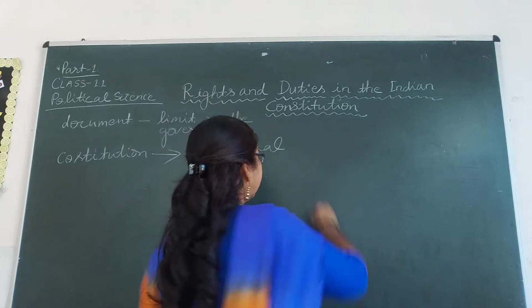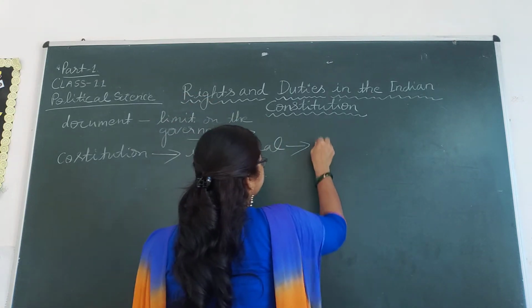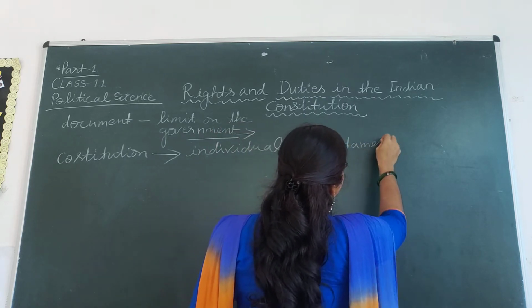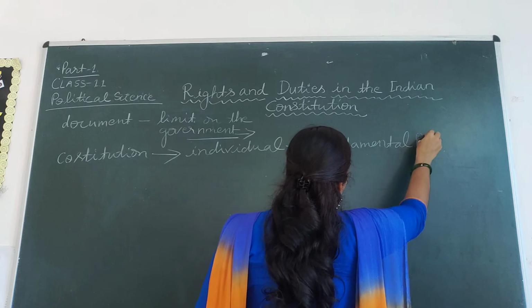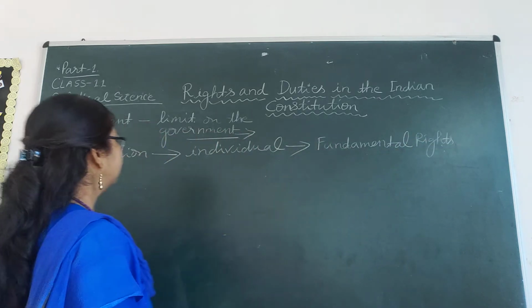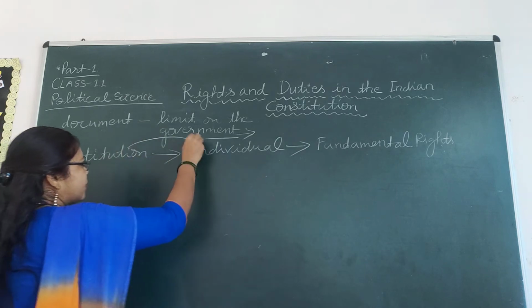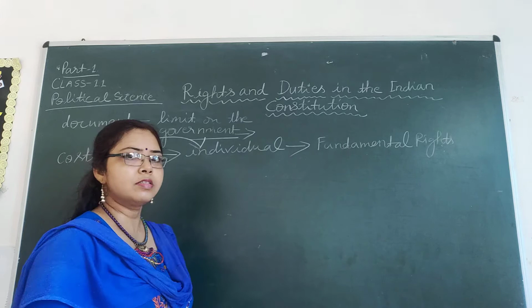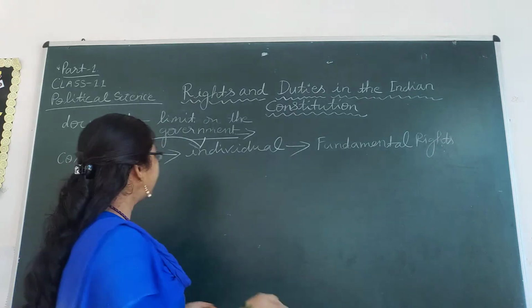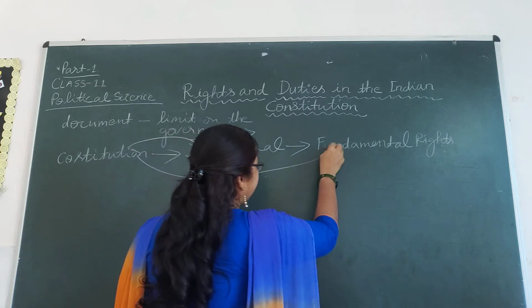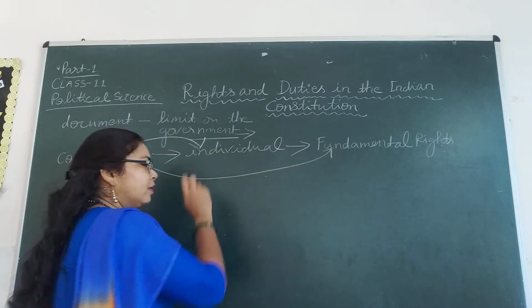Through the fundamental rights. Now you can see, children, that constitution is protecting individual, and for protecting individual, the constitution is also providing you fundamental rights. It means the constitution is protecting individual through the fundamental rights.